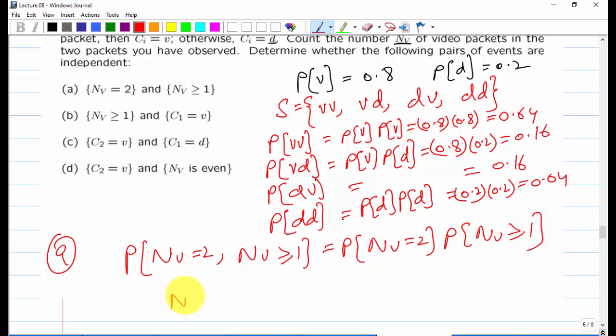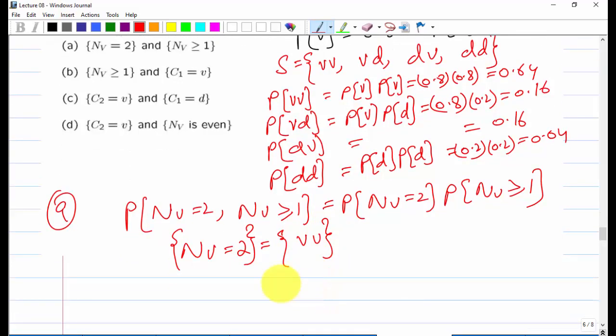So let's define these events. NV equal to 2 can be defined as VV, meaning exactly 2, and the event NV greater than or equal to 1 will be VV, VD, DV.